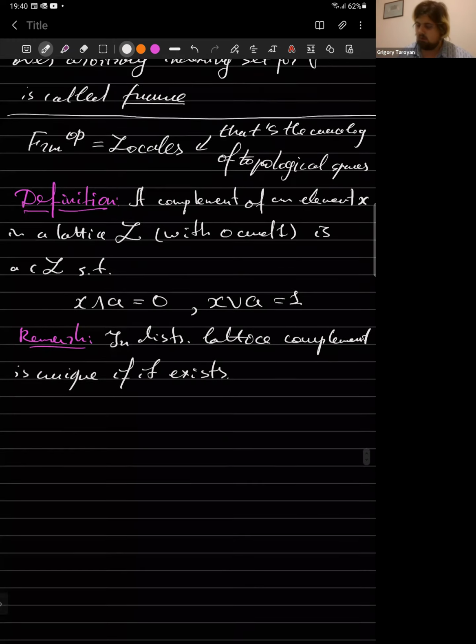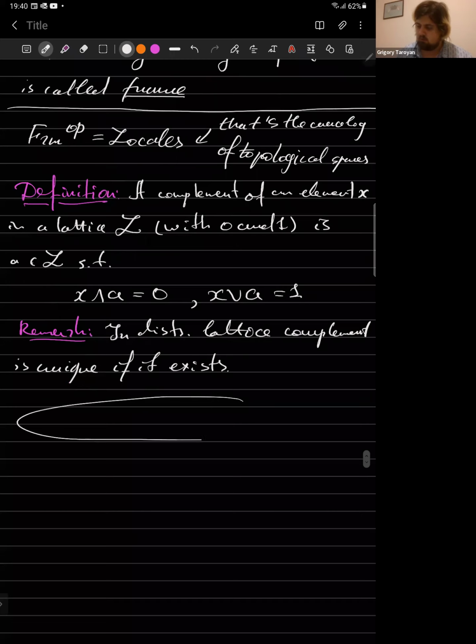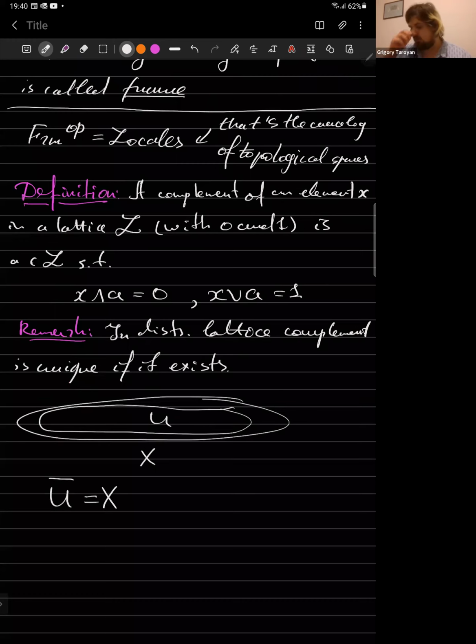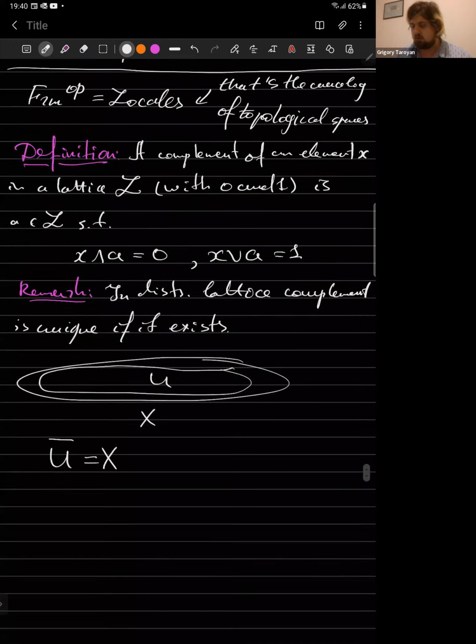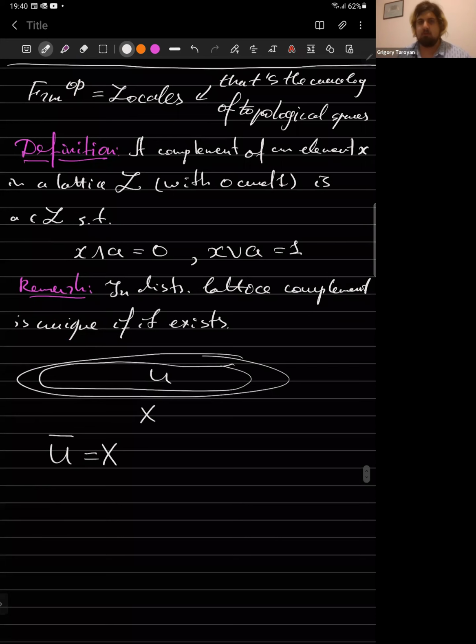For example, we can take an arbitrary topological space X and take there an open subset U which is dense in X. For example, with Zariski topology, the complement of a codimension 1 subvariety.